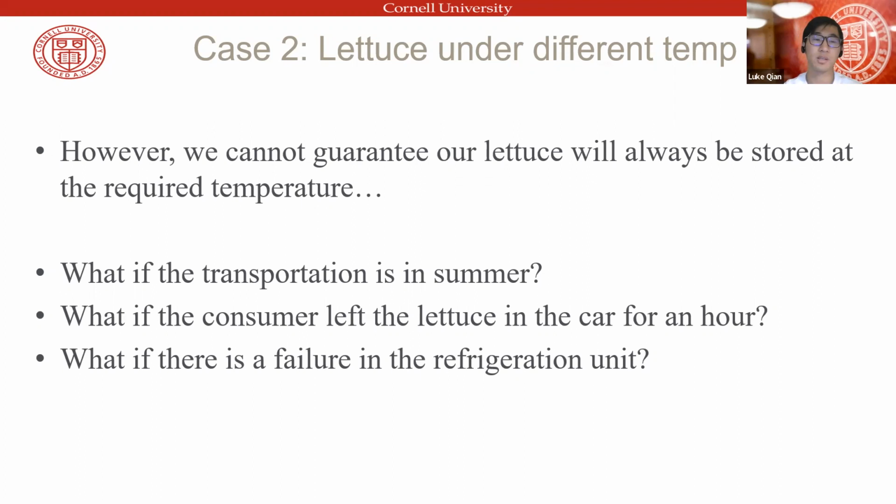What if there's a failure in a refrigeration unit at a retail store? Can we predict the shelf life more reliably if that disaster case happens? These are the practical reasons why we need a secondary growth model.